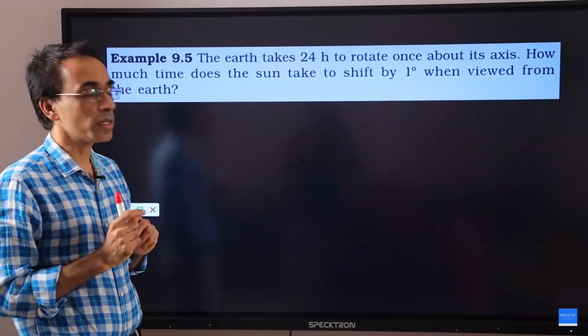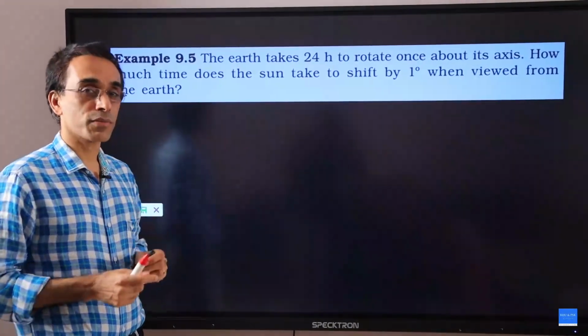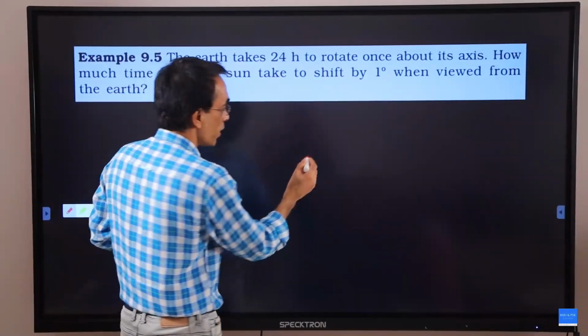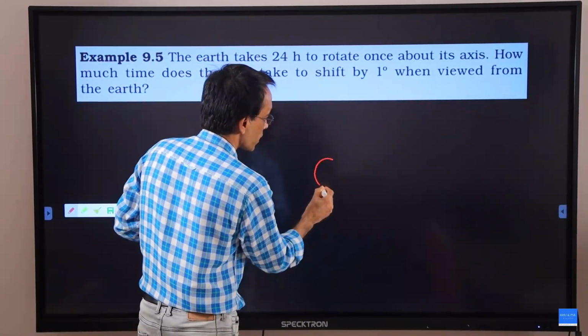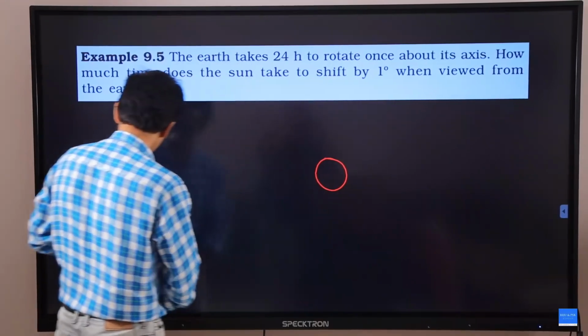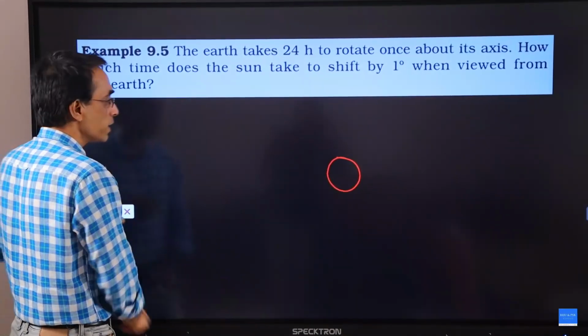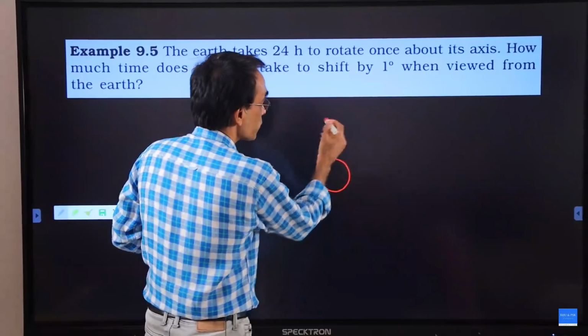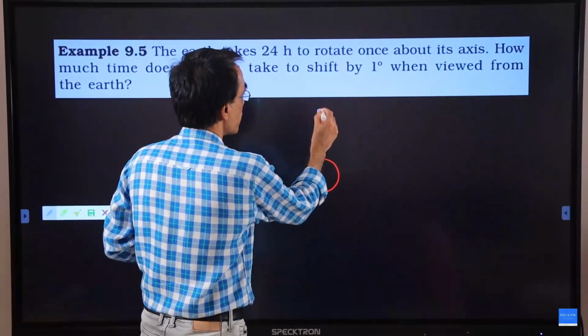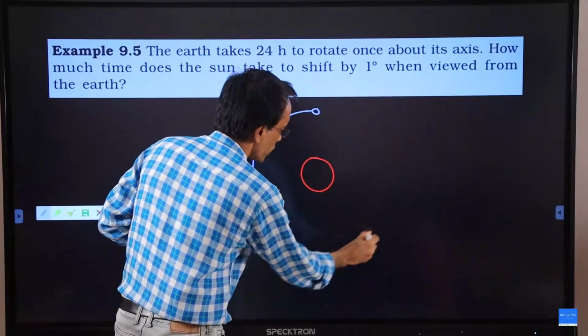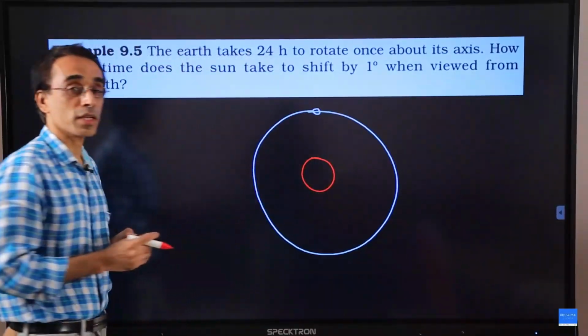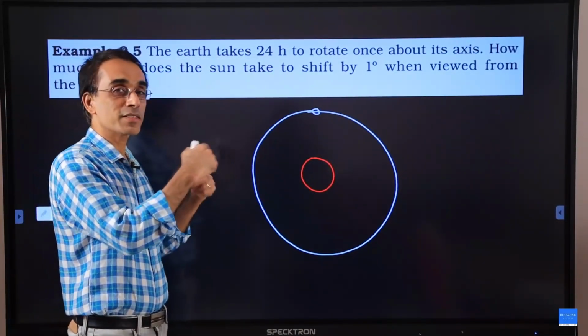This question can be solved taking a different perspective. What is that perspective? The actual one. We will consider this as earth, and for us, with respect to earth, the sun goes around us. This is not the actual picture, you know that. In fact, it's the reverse.